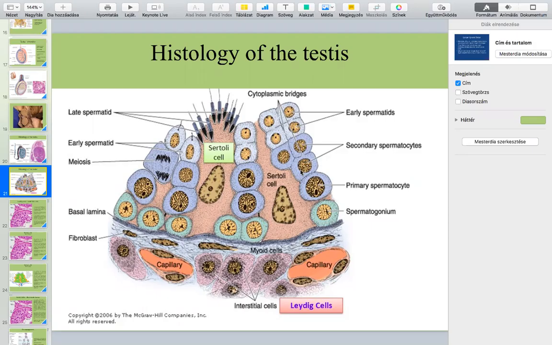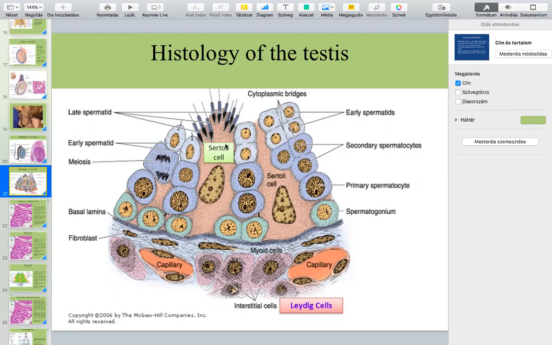But on a normal routine histological slide, we cannot see the secondary spermatocytes because their lifetime is just a few hours. Then they differentiate into spermatids, and the spermatids form the spermatozoa, also called sperm cells. So the proper name of them is spermatozoa.